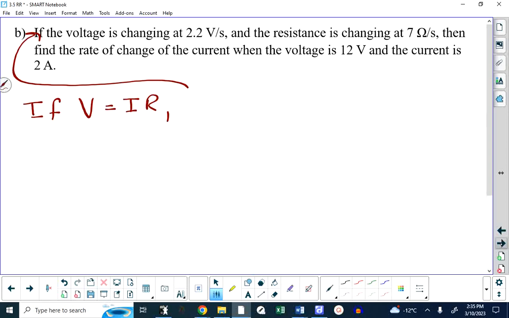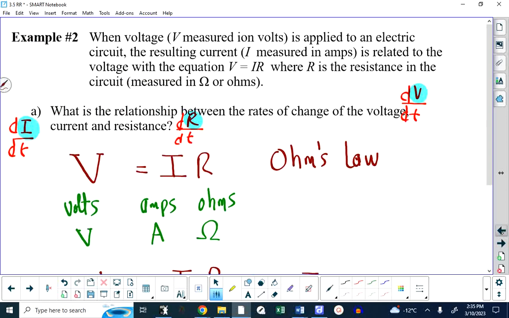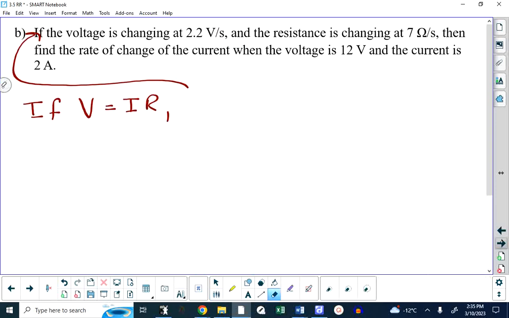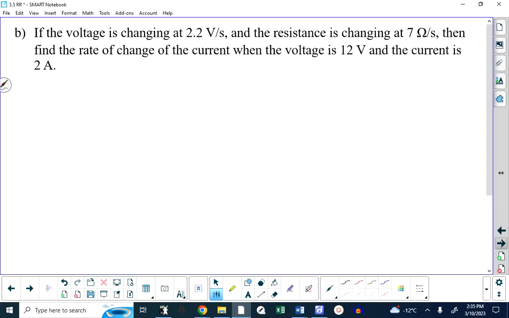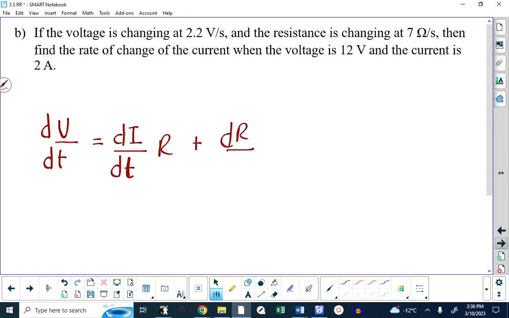You are not going to be led by the hand and told, find the relationship between the rates of change. That's going to be the first part of how you solve related rates problems. But we've already done that. And I have dV/dt equals dI/dt R plus dR/dt I. Am I correct?